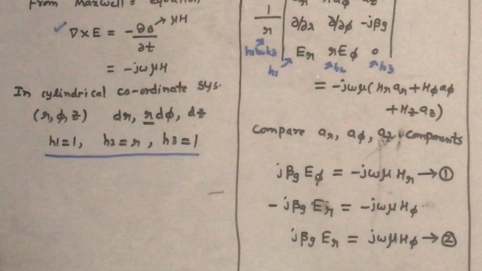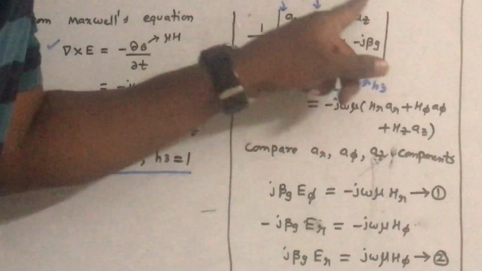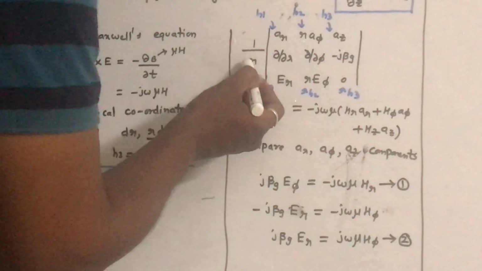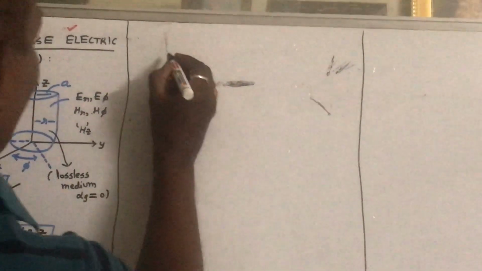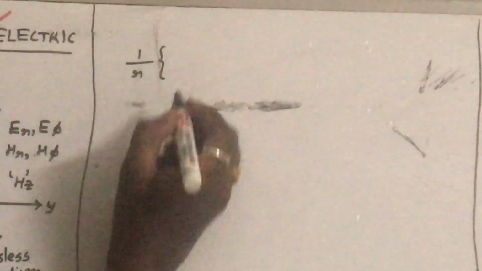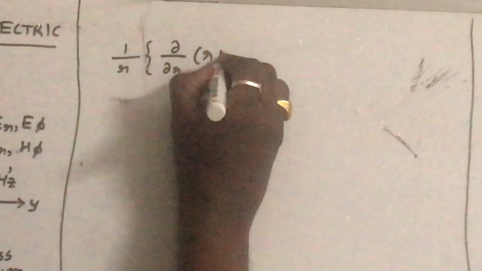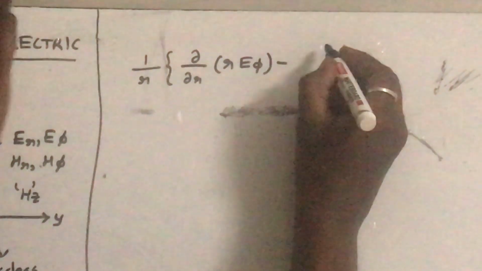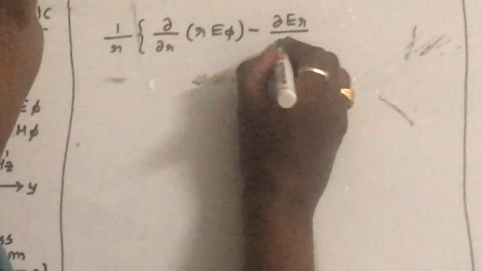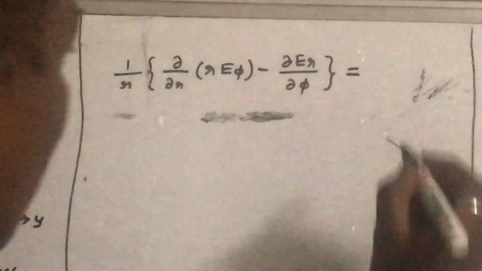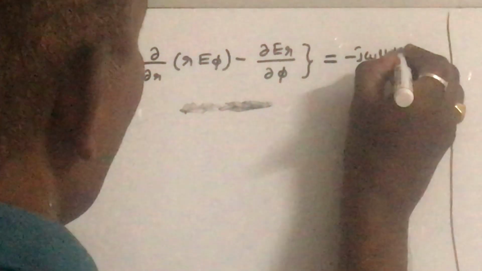Similarly, last, compare the a_z component. What is the a_z component? It is dou by dou r of this minus dou by dou phi of this, with 1 by r outside. So this is further written as 1 by r, taken outside, into dou by dou r of r E_phi minus dou E_r by dou phi, which is equal to the right side, minus j omega mu H_z.